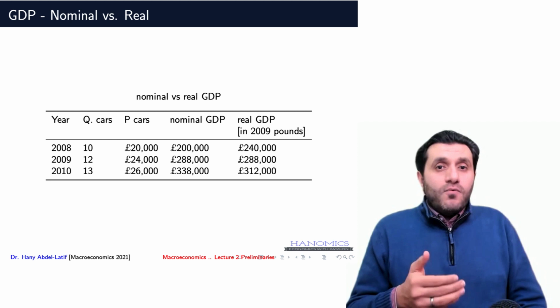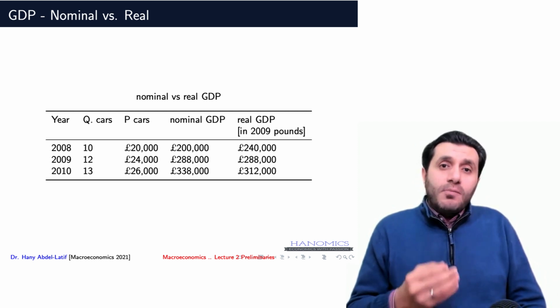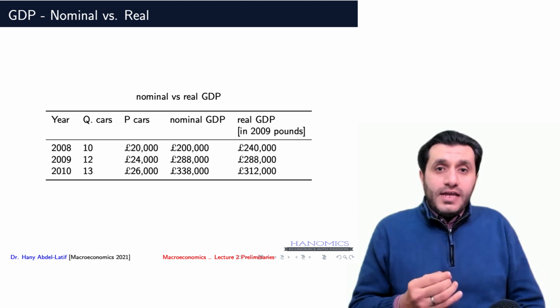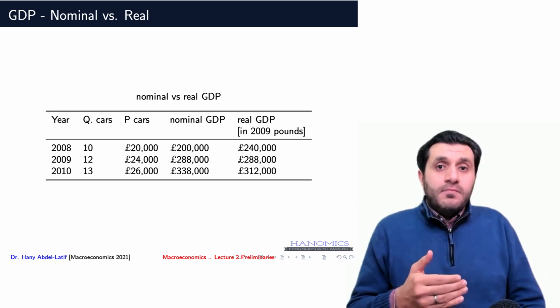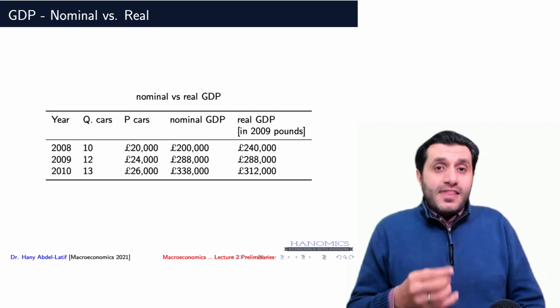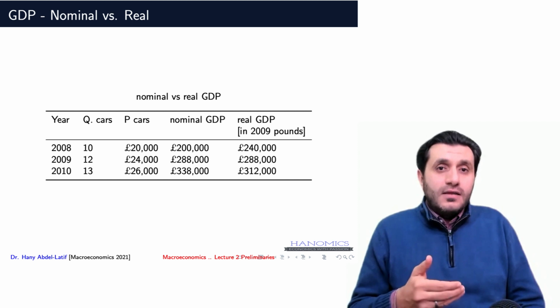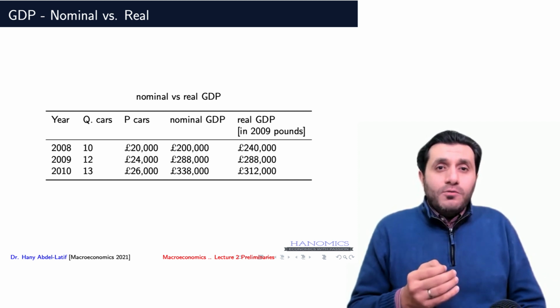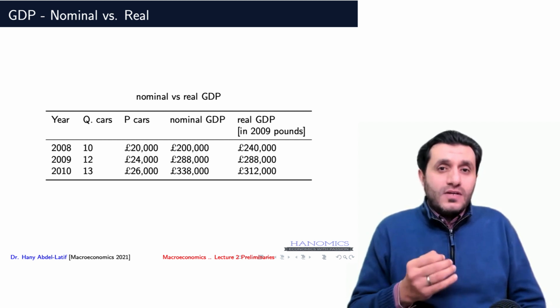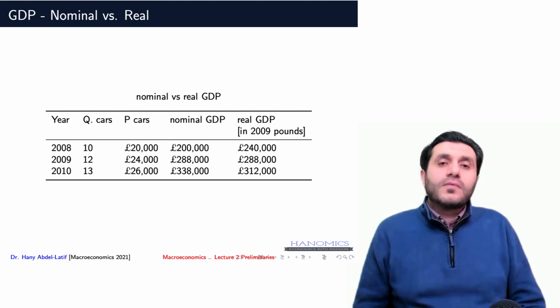Doing the same for the years 2009 and 2010 would show that nominal GDP has increased to 288,000 in 2009 and then to £338,000 in 2010. But do these figures reflect exactly how output has changed between 2008 and 2010?